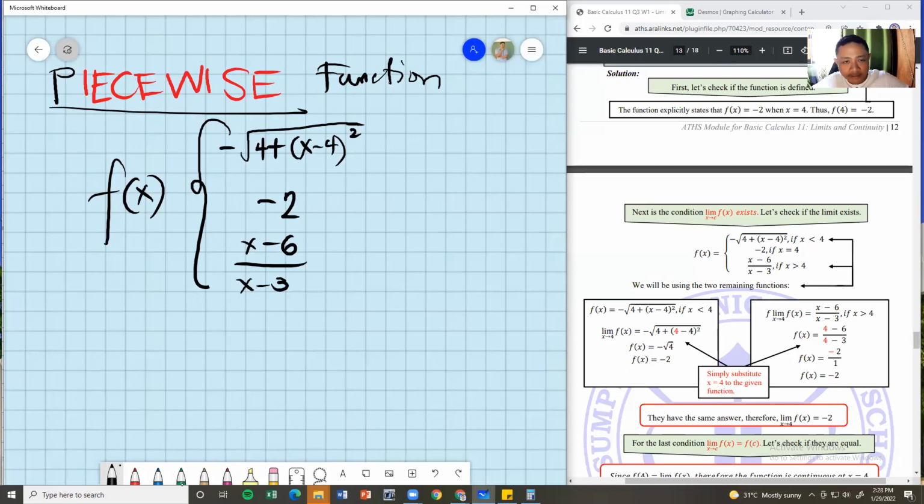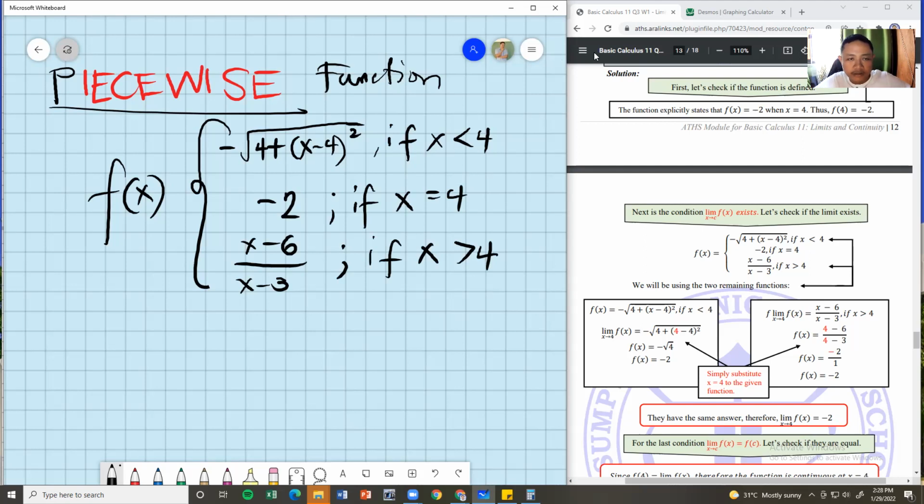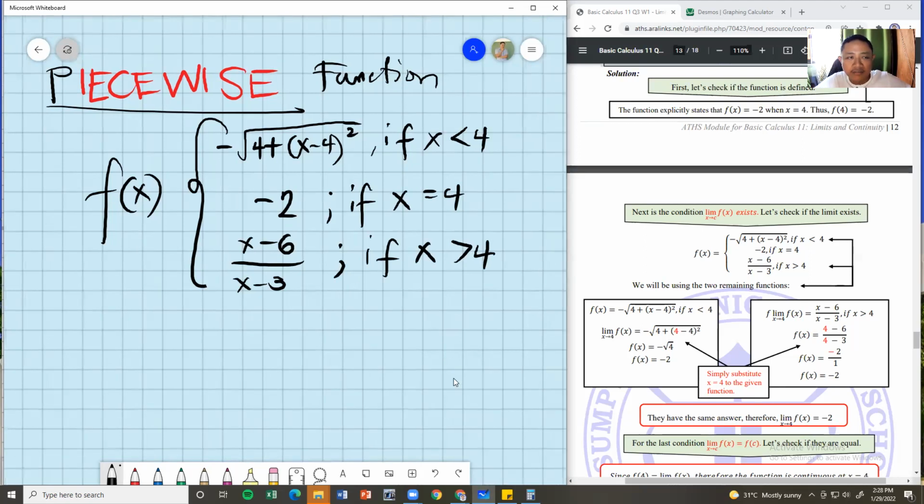And then meron silang certain conditions. If x is less than 4, if x is equal to 4, and then if x is greater than 4. This is called a piecewise function.